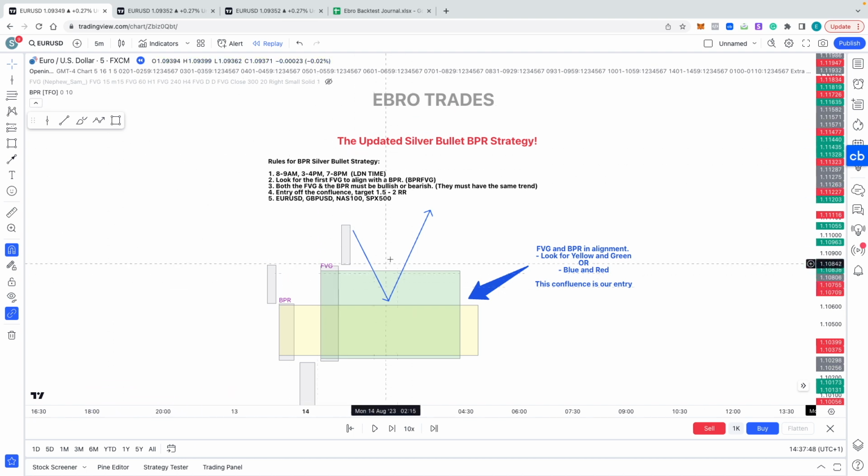Using this new method, which I call the silver bullet balanced price range strategy, we use an additional indicator to improve the win rate drastically from somewhere around 60% to around 80% win rate. This is in my personal backtesting. I'm going to run you through what the balanced price range is, how the silver bullet BPR method works, and do a quick explanation over here.